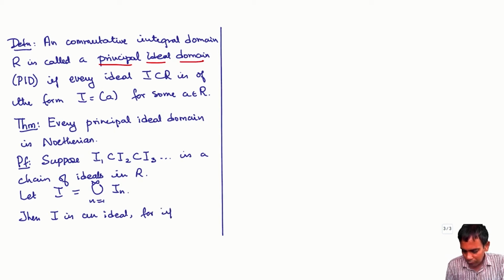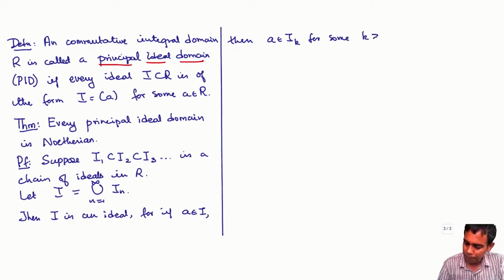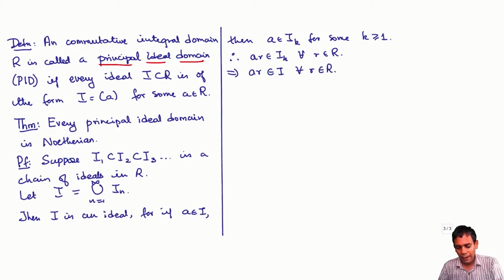Because if a belongs to I, then a belongs to I_k for some k, and therefore ar belongs to I_k for all r in R, which implies that ar is also in I for all r in R. Therefore I satisfies the condition of being an ideal.